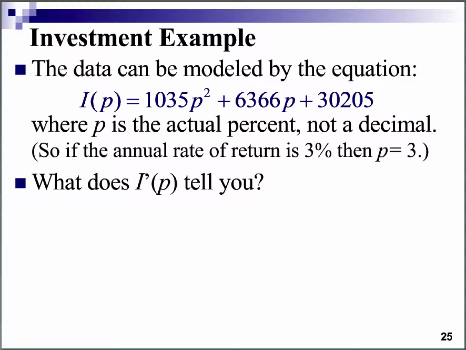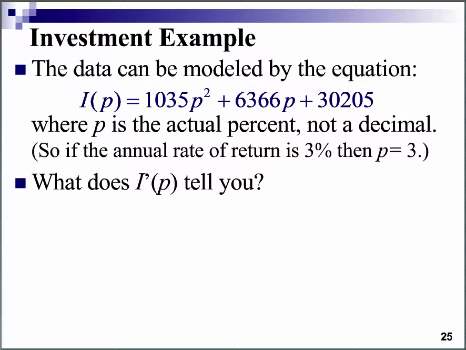So I took this data, I put it into Excel, and I had it produce a quadratic equation for me. So P is the actual percent, so it's not a decimal. So for example, if you were going to get 3% annual income, the value of little p would be 3.0, not 0.03. I've done that just to make the function a little bit easier to work with.